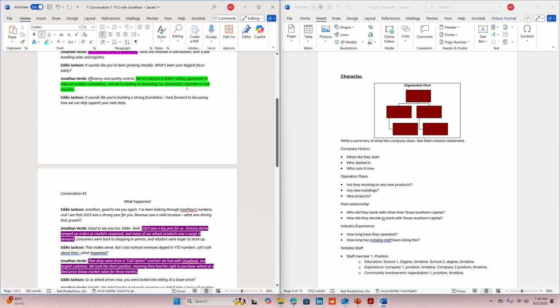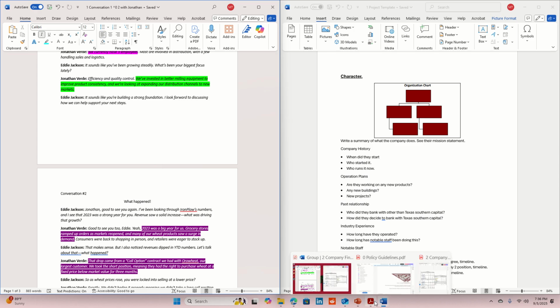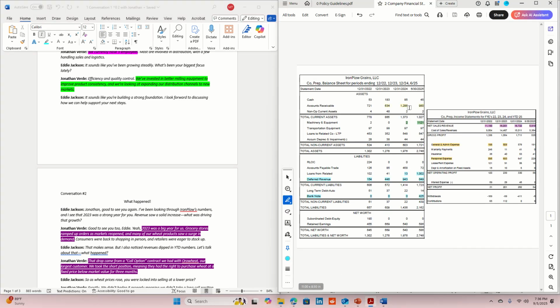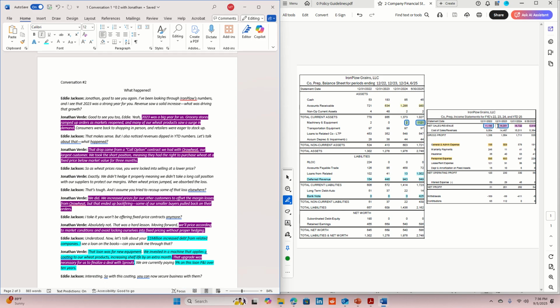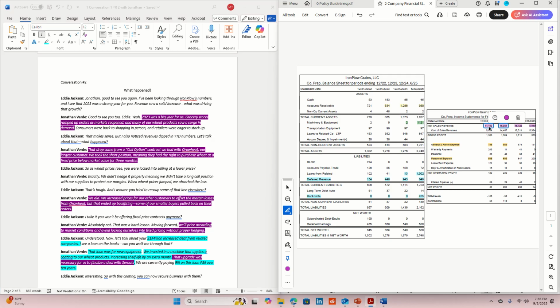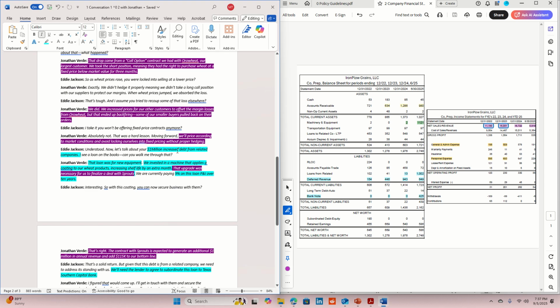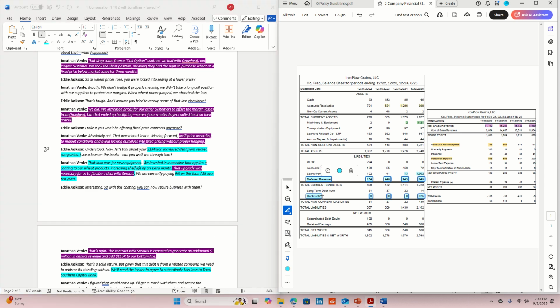The green tells us changes in their long-term assets. The purple tells us changes in their sales revenue, and it's the purple on the balance sheet and the income statement as well. The colors coincide. Light blue tells us changes in their debt.